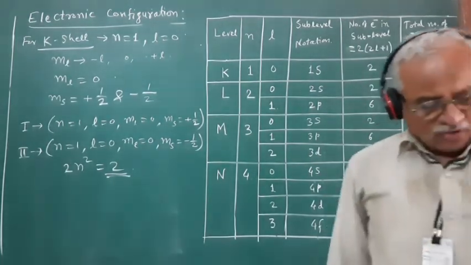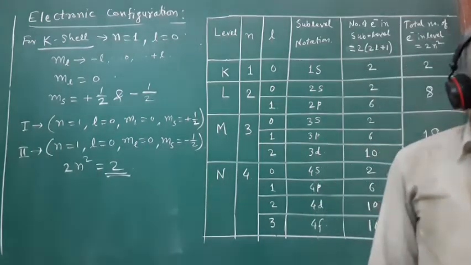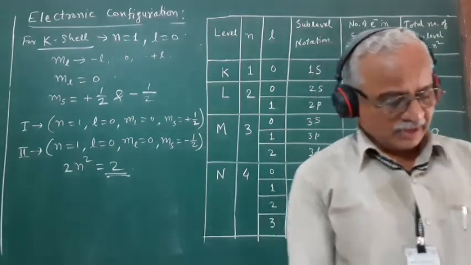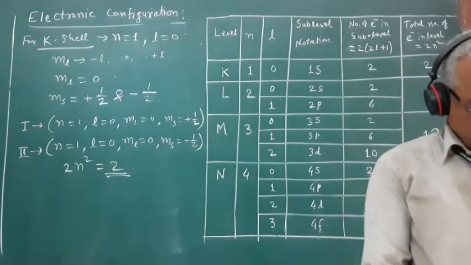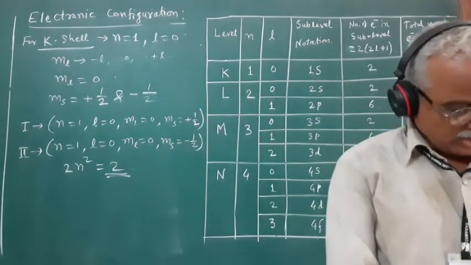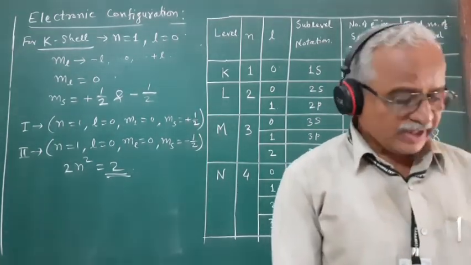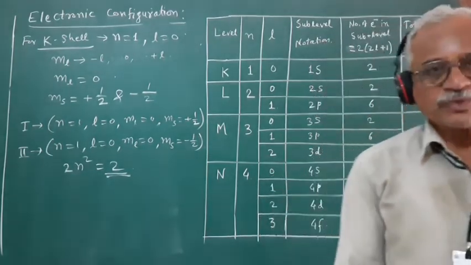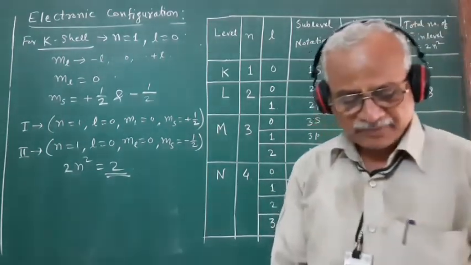So, for the filling of electrons into the subshells, in addition to the Pauli's exclusion principle, Hund's rule is also obeyed. Now, what is this Hund's rule?